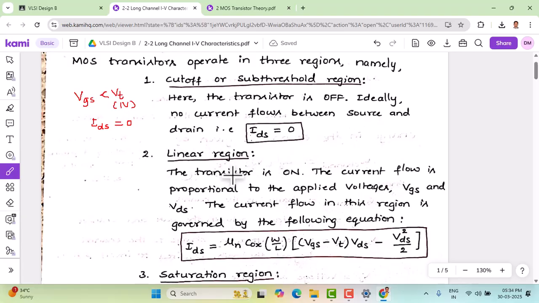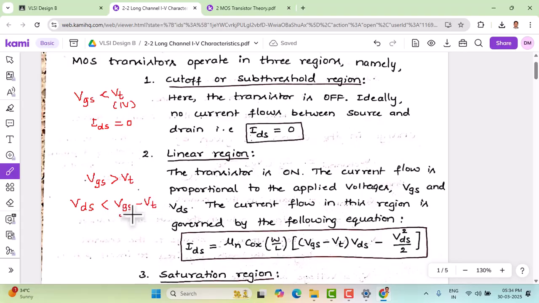In the linear region, the transistor is turned on because the gate to source voltage that we apply is greater than the threshold voltage. This forms the channel, but the drain to source voltage is not a large voltage. So we apply a drain to source voltage VDS, which is less than VGS minus VT.